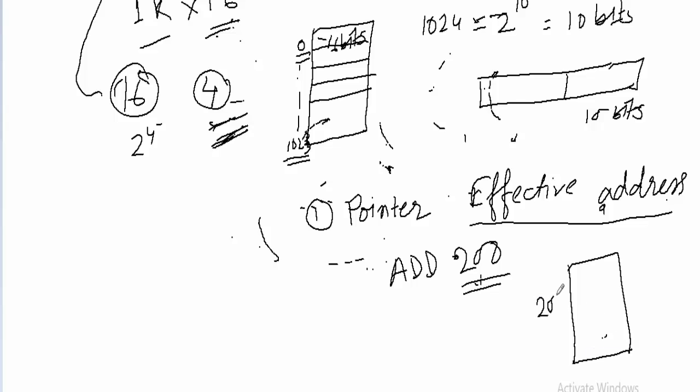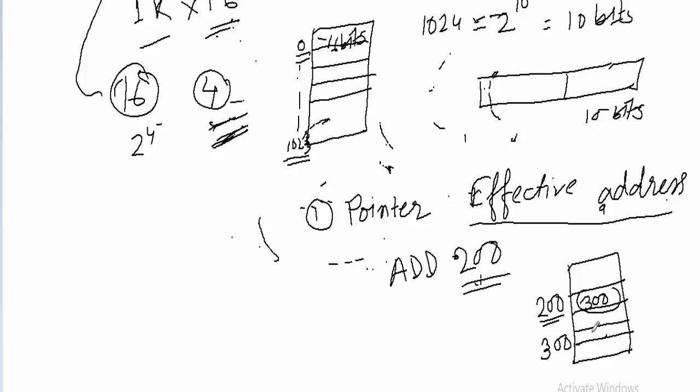At this address location 200 we have an address, 300. So at 200 we see 300, so we need to go to location 300, and after going there we can find the operand.